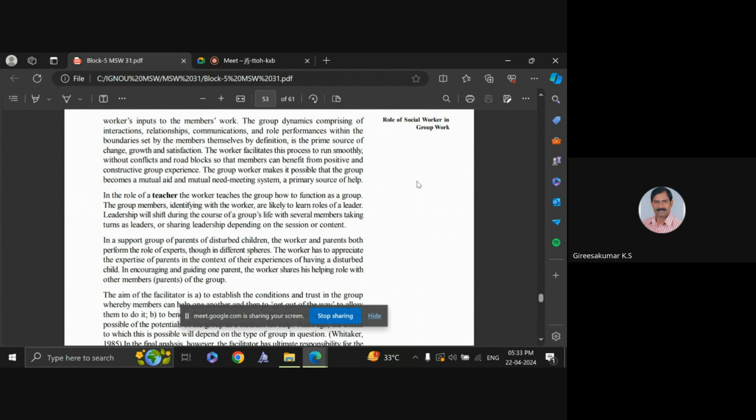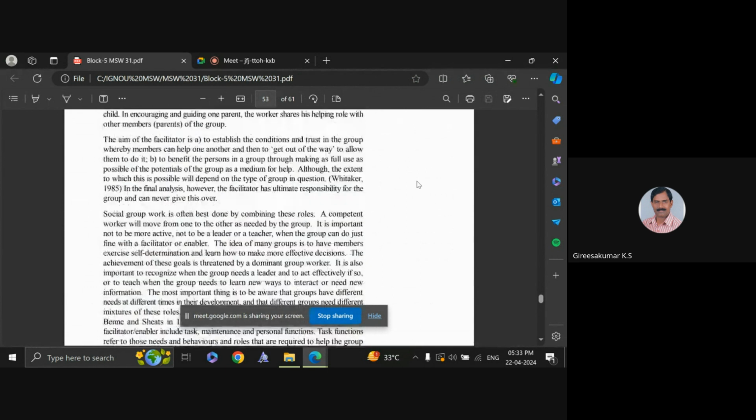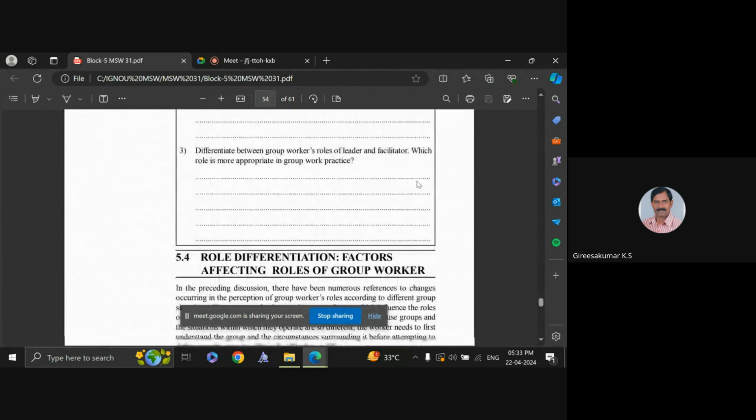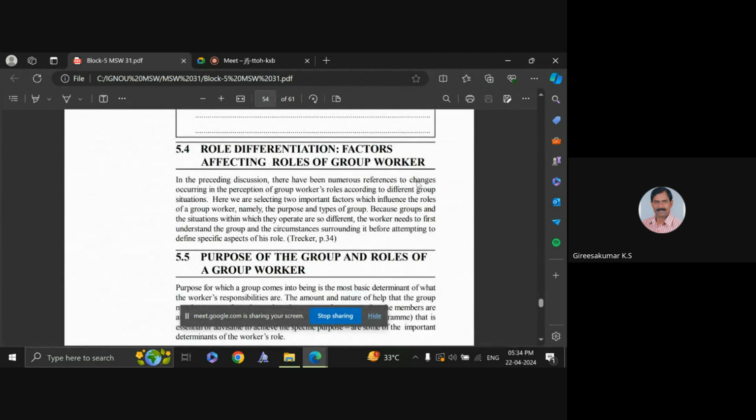Yes, as a teacher, he has a definite role. As a leader, also he has a definite role. Then role differentiation: practice affecting roles of the group worker.